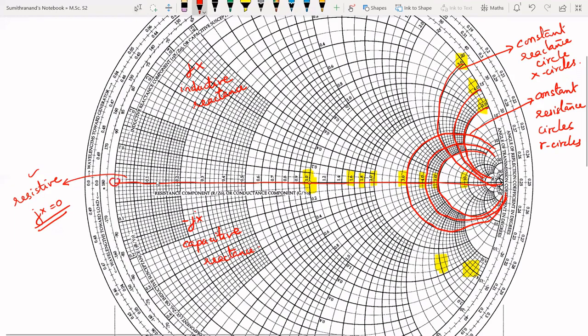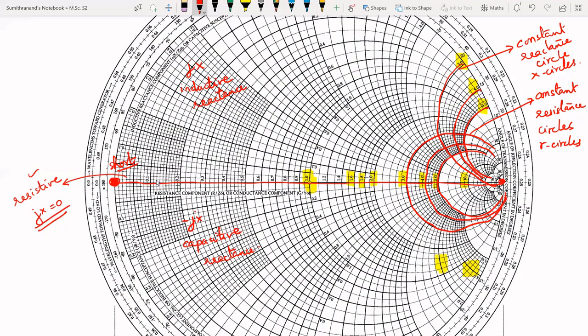Zero resistance means this end represents the short circuit point. And here it is 10, 20, 50 or something like that, which means the resistance is high at this end, which represents an open circuit. So this end represents the open circuited line, and this end represents the short circuited line.